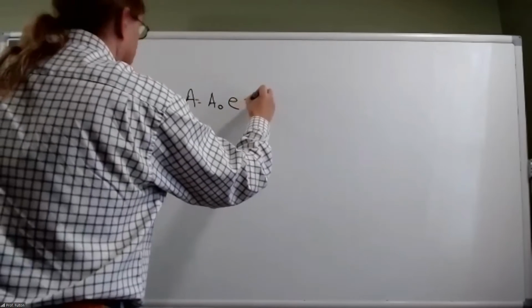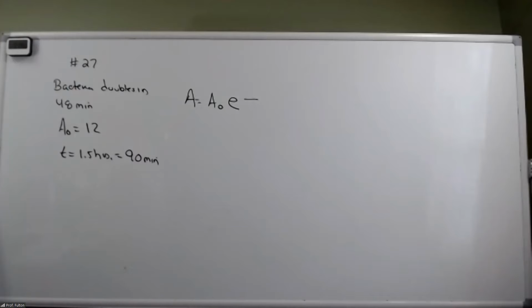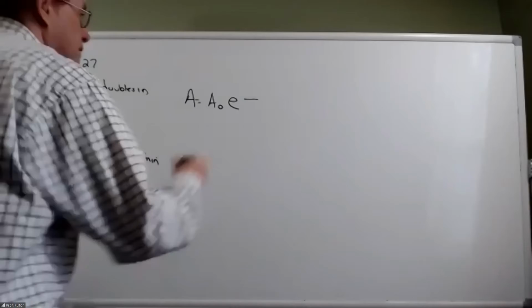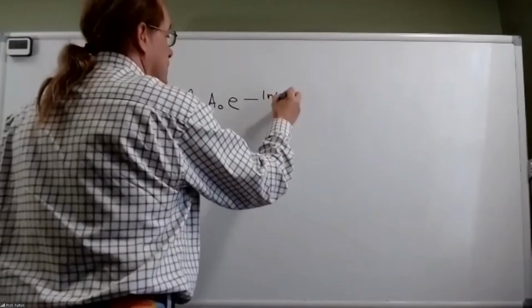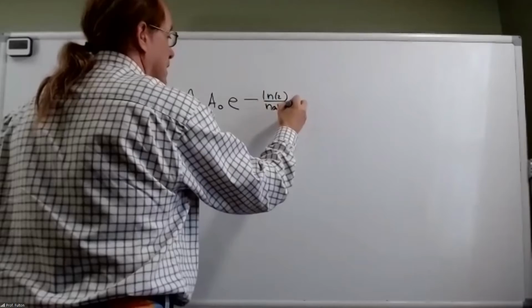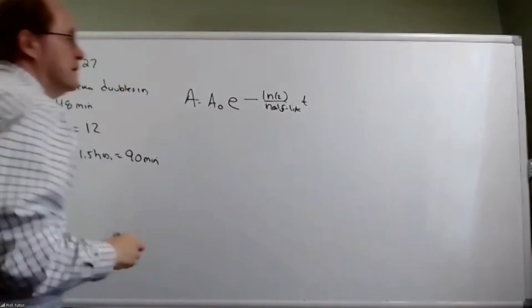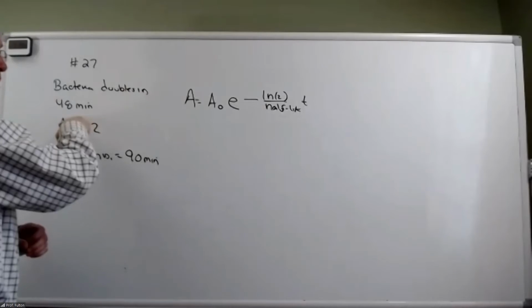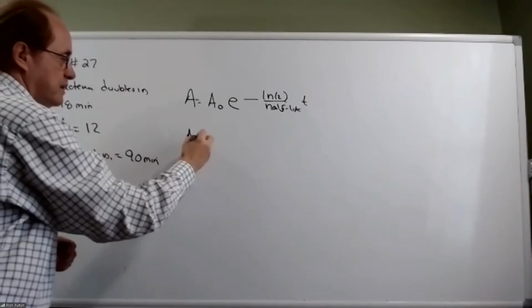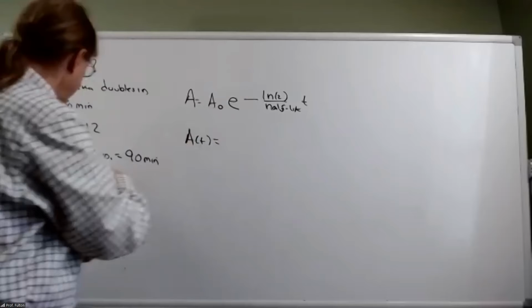So e to the minus natural log of 2 over the half-life, times t. Okay, so half-life we have is 48 minutes, so then my A of t is A0, which is 12, e to the minus natural log of 2 over 48 times t, which is 60.